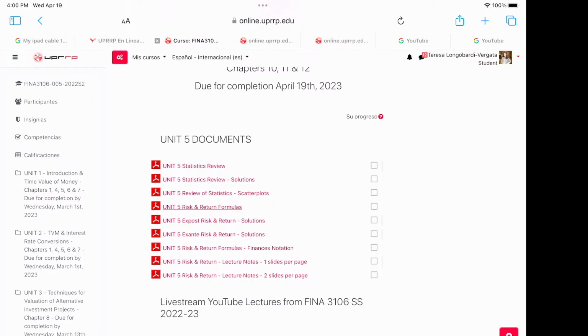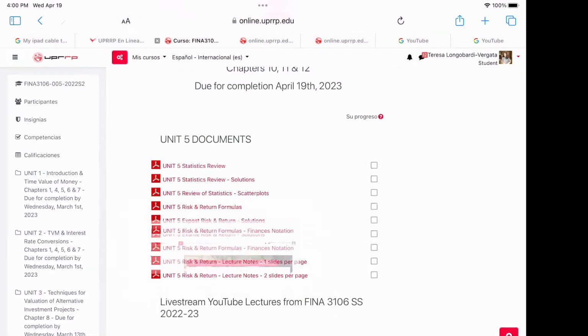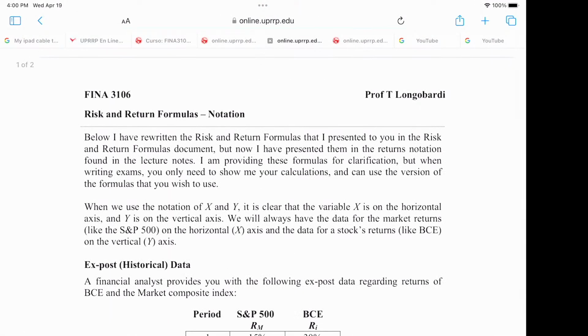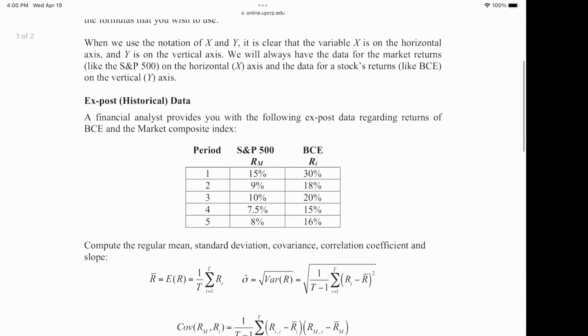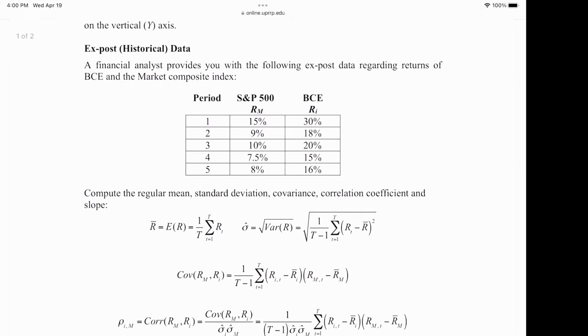The other document for risk and return formulas is this one. And it's comparable. All I've done here is to use the same values for this example, same variables, but recast it with financial notation. So RM for the market returns and RI for the firm returns.